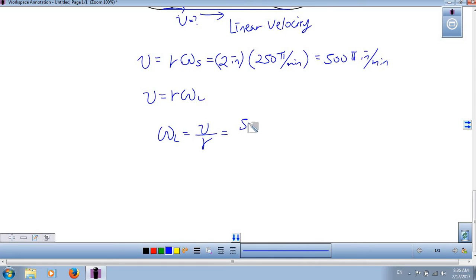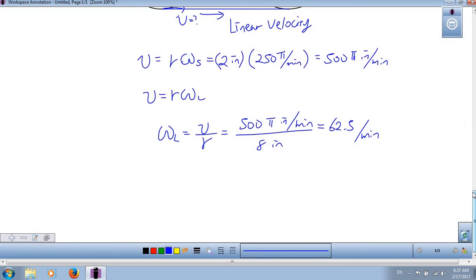The linear velocity is 500 pi inches per minute, divided by the radius, 8 inches. So we're going to do 500 divided by 8, which turns out to be 62.5. The inches cancel out, so the unit is radians per minute.